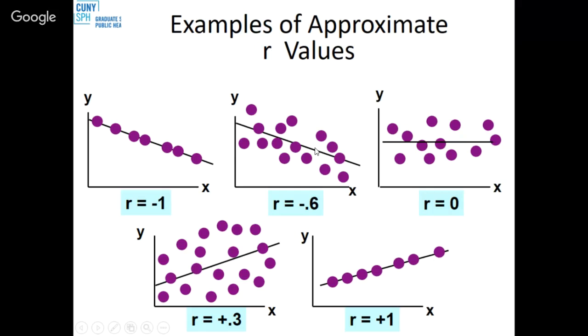So having looked at a bunch of these was why I guessed that the correlation for the immunization and mortality was maybe somewhere around -0.6. Maybe a little less.